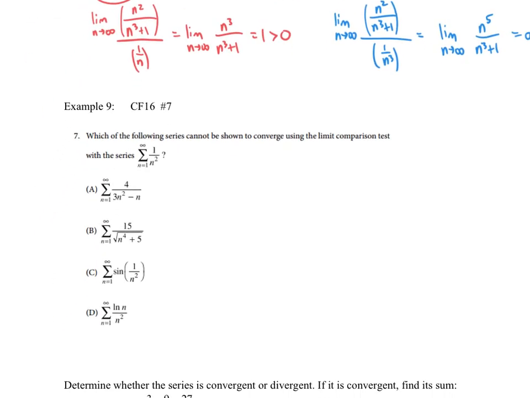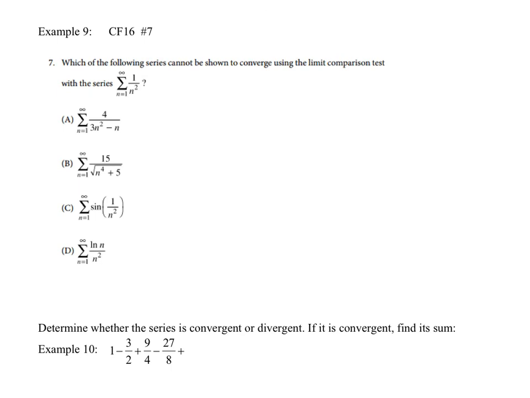It says, which of the following series, and the key here is that it cannot be shown to converge using the limit comparison test with the series 1 over n squared. I find this problem challenging, partially the wording, but also there's some really difficult math in here.